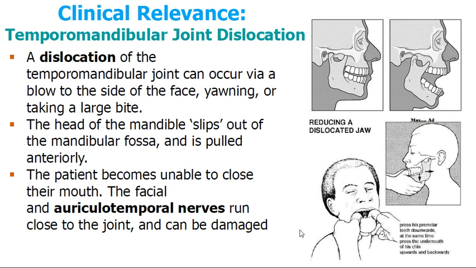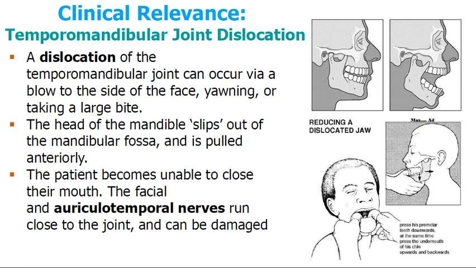So the anterior dislocation can happen via external trauma, like a blow on the lateral side of the TM joint, and sometimes during severe yawning, excessive opening of the mouth, or sometimes during taking a large and strong bite of food.